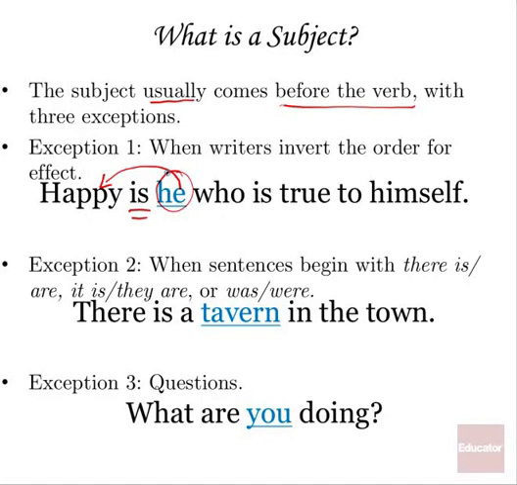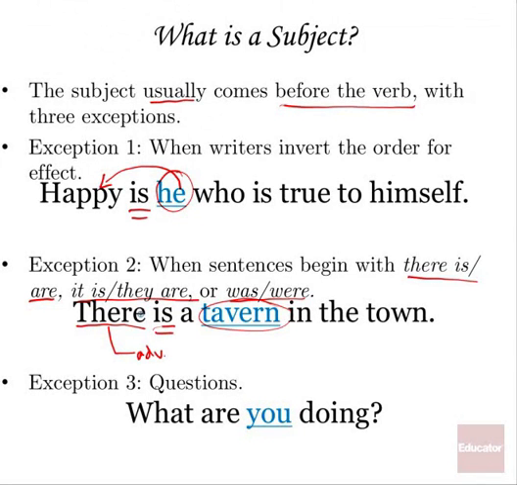That's the subject. The second exception, when sentences begin with the construction there is, or there are, or it is, they are, or was or were. So, our example, there is a tavern in the town. Now, our main verb here is, and there cannot be the subject because it is an adverb.